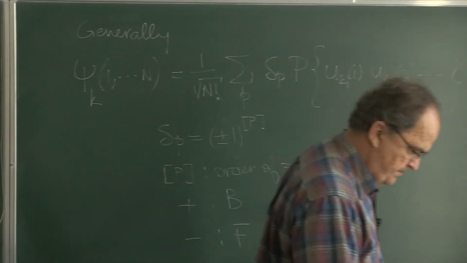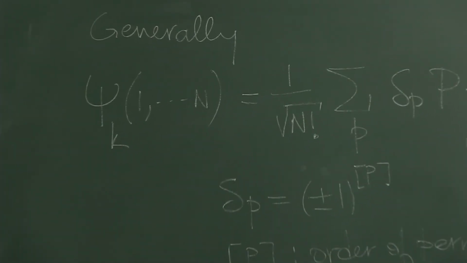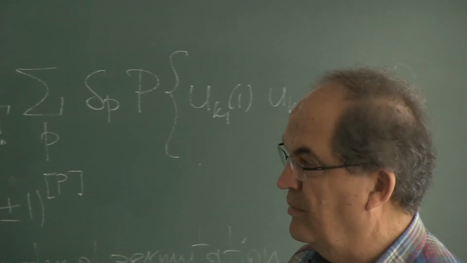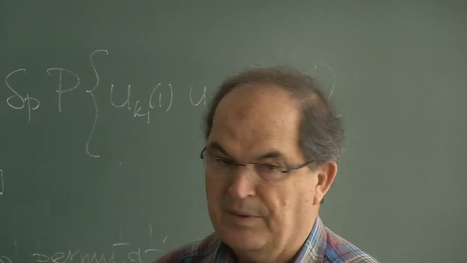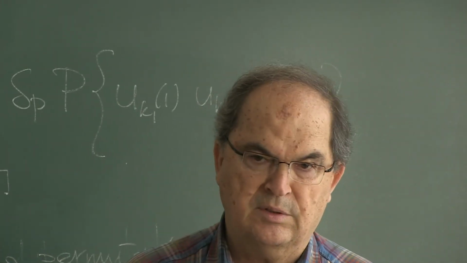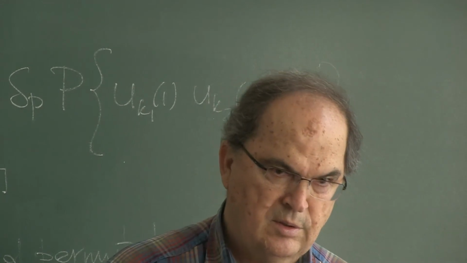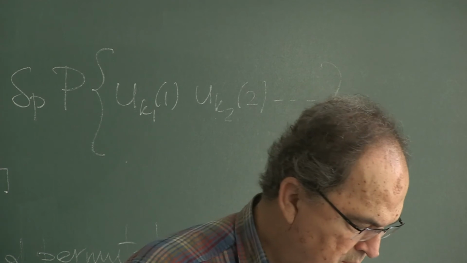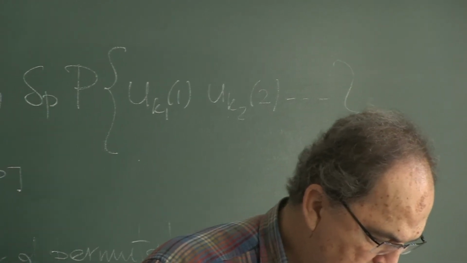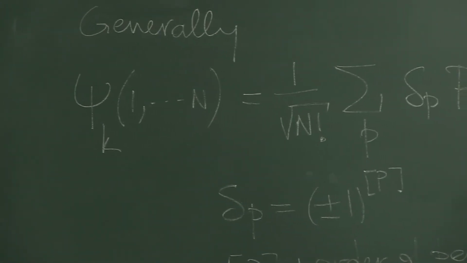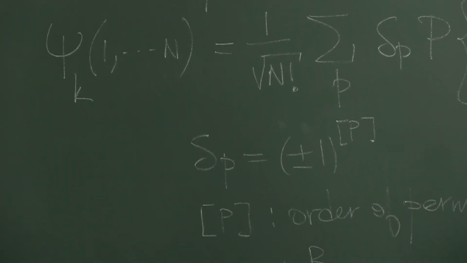Okay? You can now write, using this general form, the total wave function for 2 particles, 3 particles, or 4 particles. Why don't you write it for 3 particles yourself? Let's see what will be the total wave function.